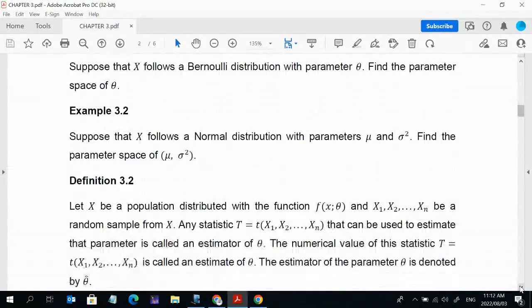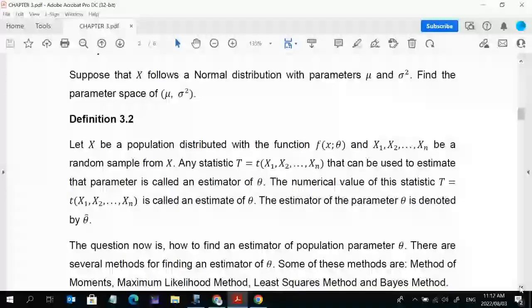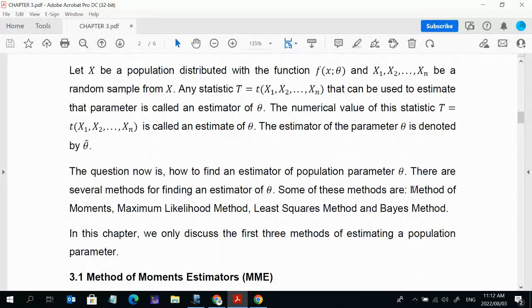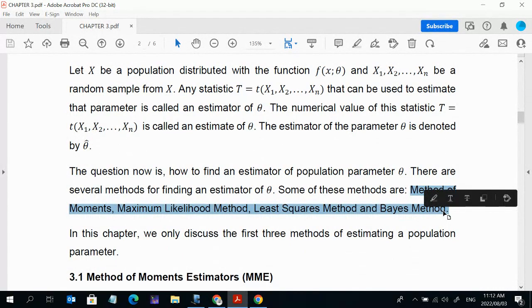Then we looked at those two examples. Then we defined an estimator, which is a statistic that can be used to estimate the target parameter. We looked at these 4 methods that can be used to find this estimator. An estimator of theta is nothing but a statistic.